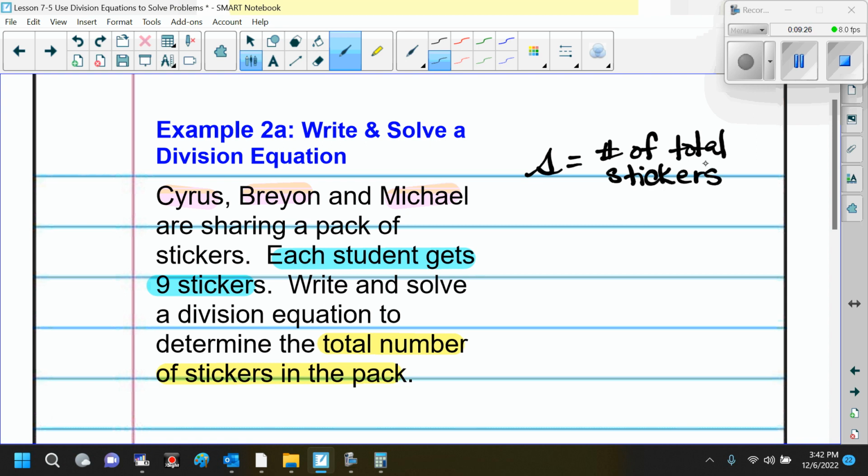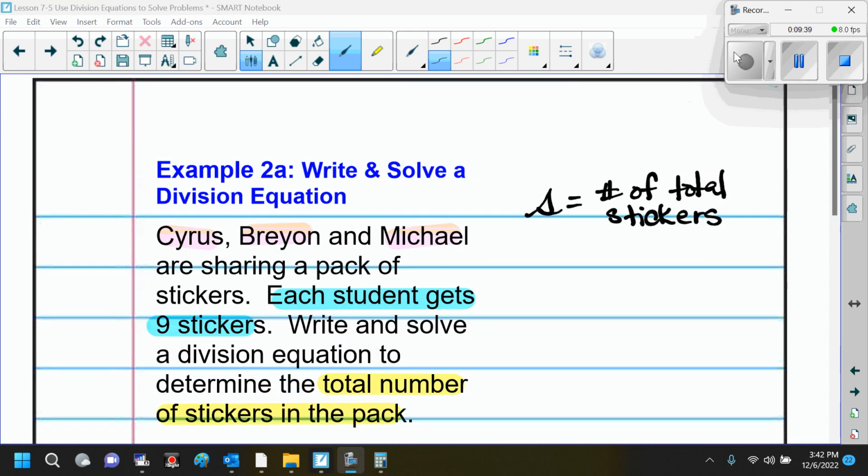All right. Now, each of the students gets 9. Each of the students gets 9, and there are 3 of them. So, if we take all of the stickers and share it with the 3 friends, then each of the friends will get 9.